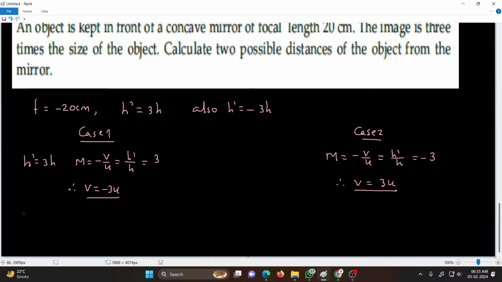So if you take 1 by f is 1 by v plus 1 by u, you will get minus 1 by 20 is equal to... we have to calculate u here, so the equation must be in terms of u. So u is equal to minus v by 3.